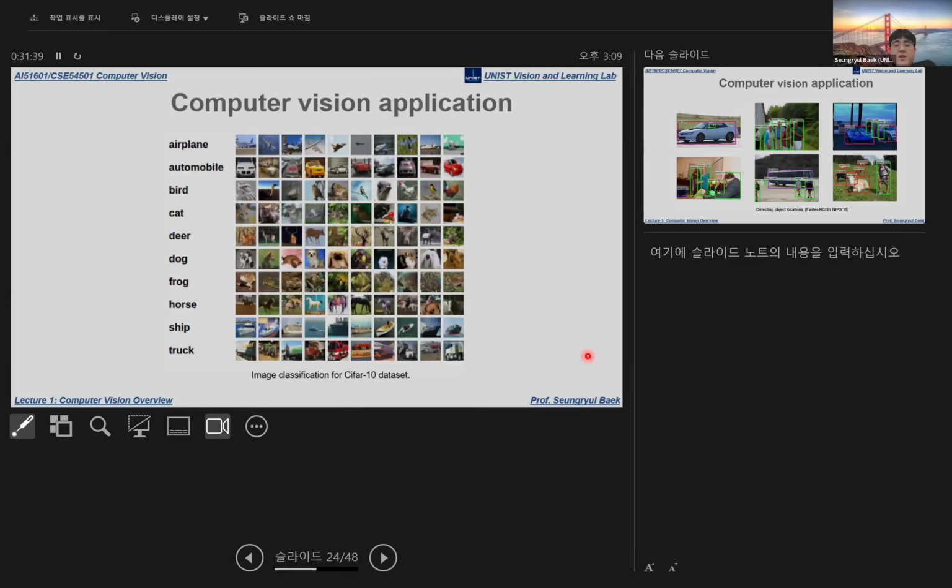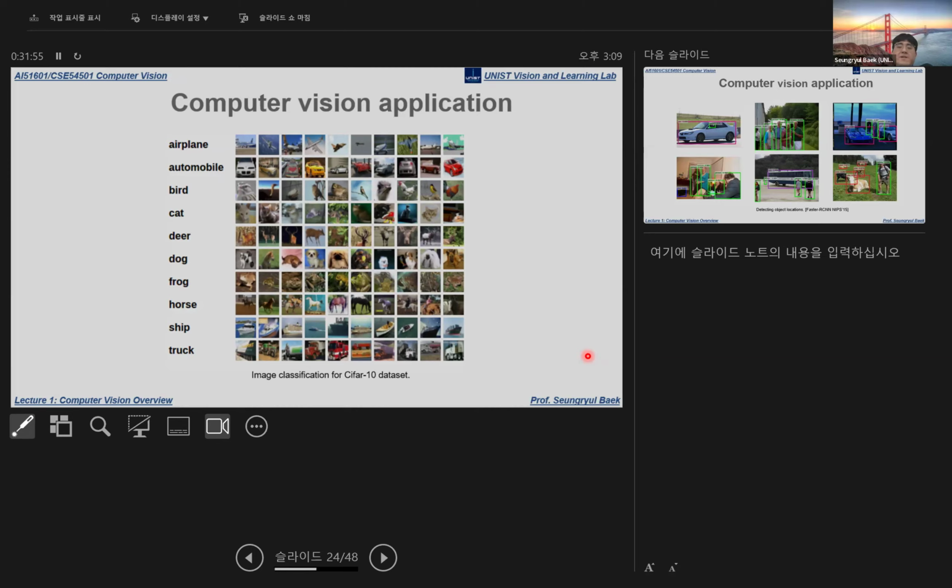I will finish within 15 minutes. So the next thing that I want to introduce is computer vision applications. In computer vision, there are multiple applications.